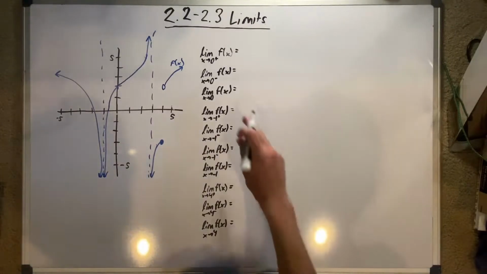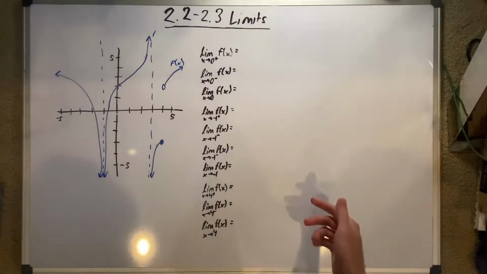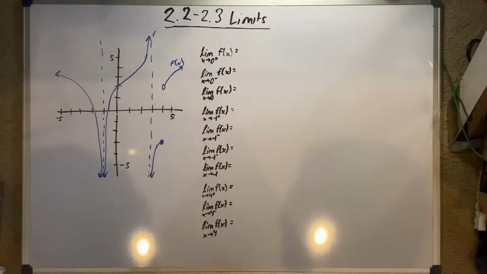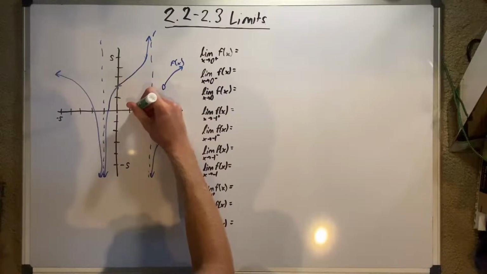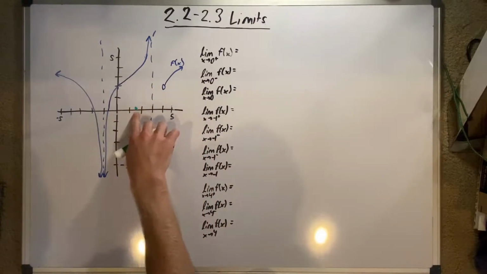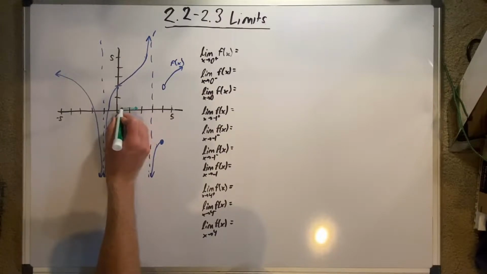So first of all, if you're trying to find a limit where x approaches 0, basically what that means is you want to start, I'm going to use a different color. You're starting here away from 0 on the positive side, hence the plus, and you want to approach 0.